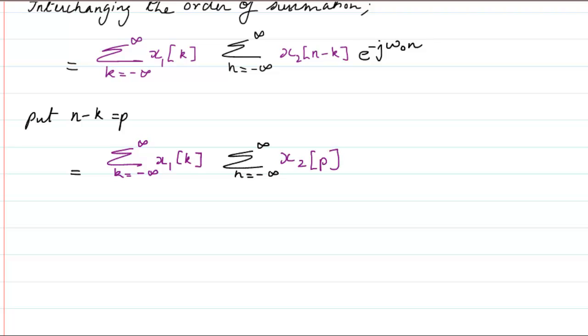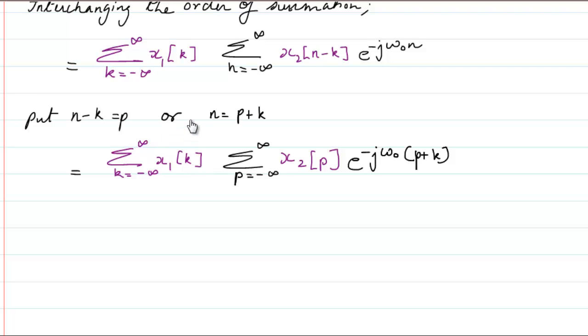If I am going to put p, obviously the limits will also change, so here also I will have to make it p. The limits are going to change, and e raised to power minus j omega naught. Now instead of n I will write n is equal to p plus k. So that p plus k I will write here.